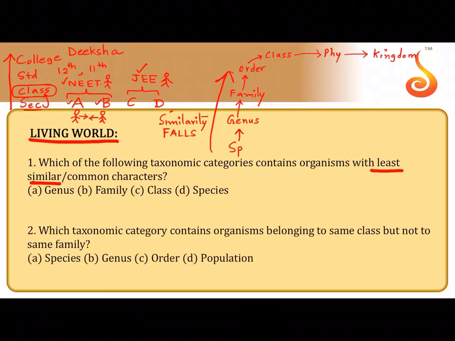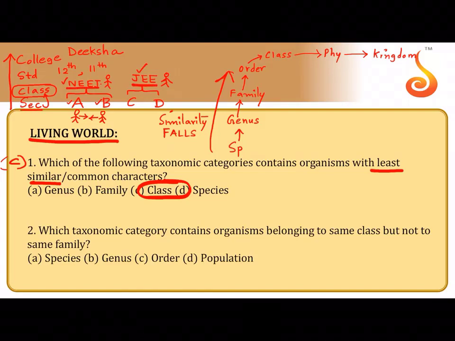So which one should you choose here? As you go up the ladder, similarity decreases, and as a result you have to choose the highest hierarchy here. The highest hierarchy is the class. Did you understand? So the answer is option C. Just like I'm repeating again, a student from section A and section B share more similarity than a student from class NEET and class JEE.